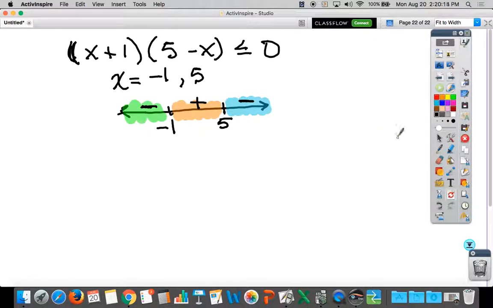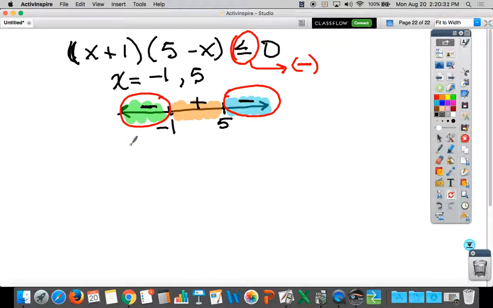Which signs am I most interested in? That tells me less than, which tells me the negatives. So I'm interested in this section and this section.